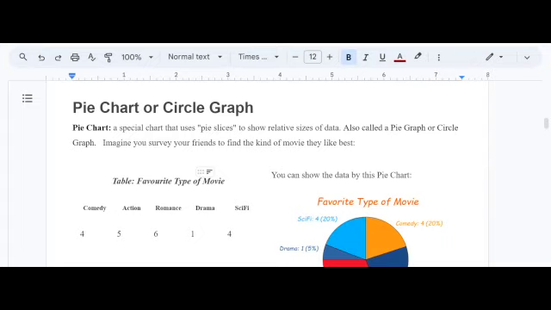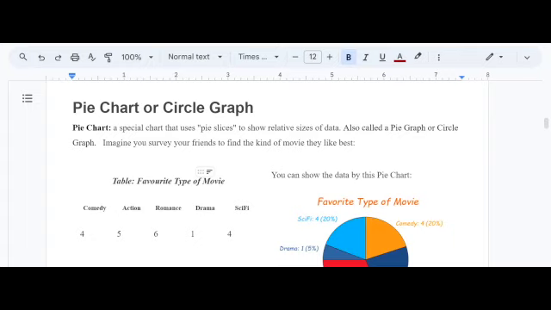A pie chart is a special chart that uses slices to show relative sizes of data, also called a circle graph. Imagine you survey your friends to find the kind of movie they like the best. So here you have the table: comedy 4, action 5, romance 6, drama 1, sci-fi 4.